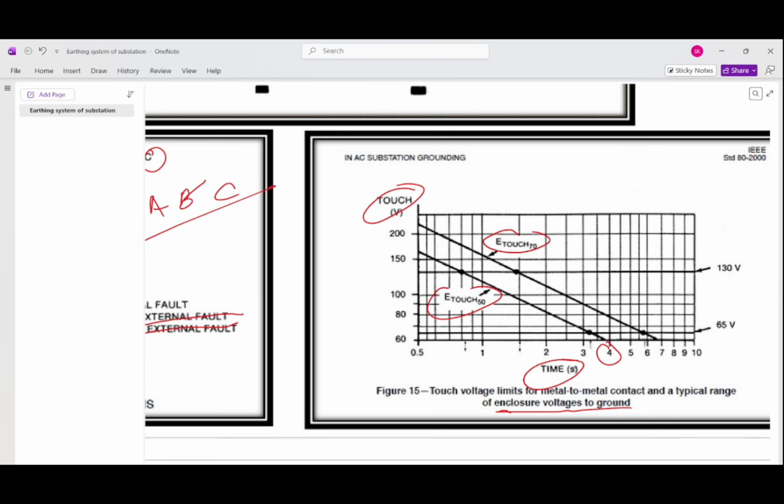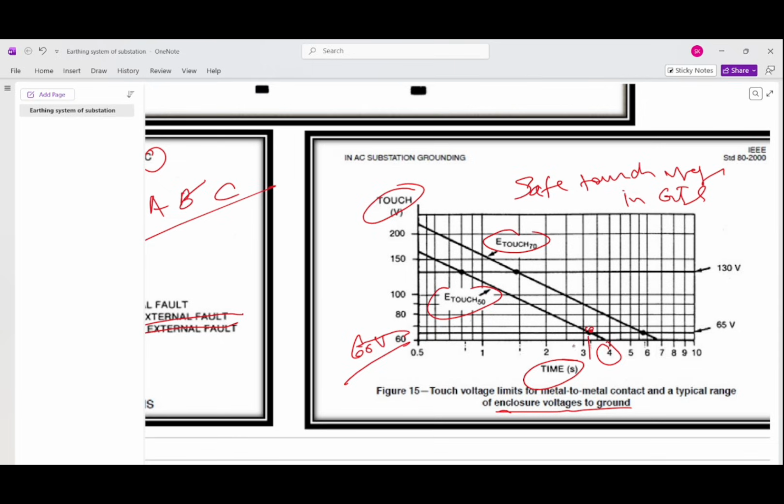Four seconds is the maximum allowable time, and for 4 seconds the voltage is 60 volt. This is the safe touch voltage in GIS. So 60 volt can be experienced for 4 seconds or 3.5 seconds.